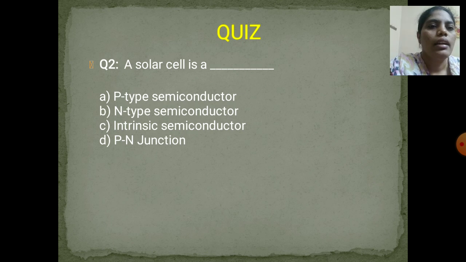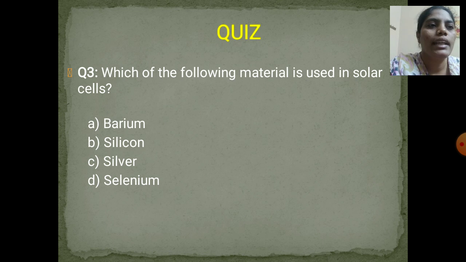It is a p-n junction. We need both p and n. Which of the following material is used in solar cells? Is it barium, silicon, silver or selenium? This we have seen in the diagram also. We need silicon.